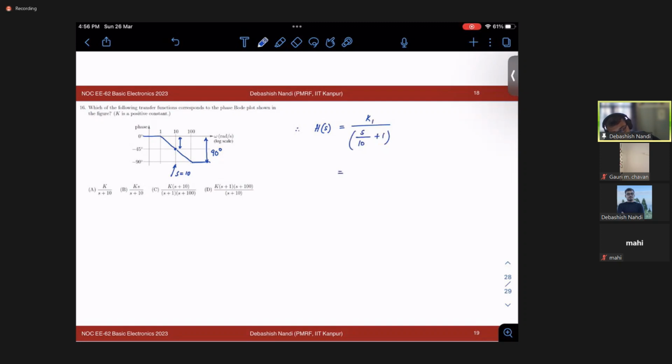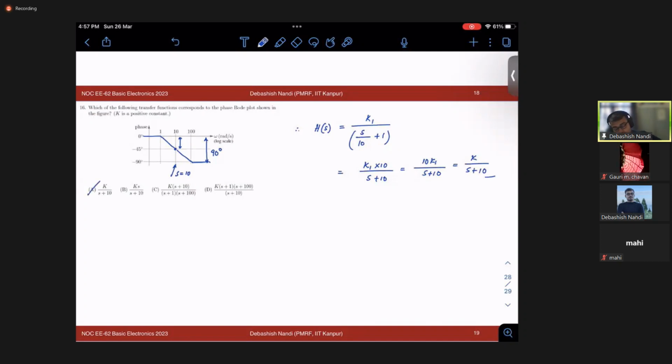So let us make it k1. So it will be k1 into 10 over s plus 10. It will be 10 k1 by s plus 10, or simply k by s plus 10, right? In this form. So your A is your right answer, right?